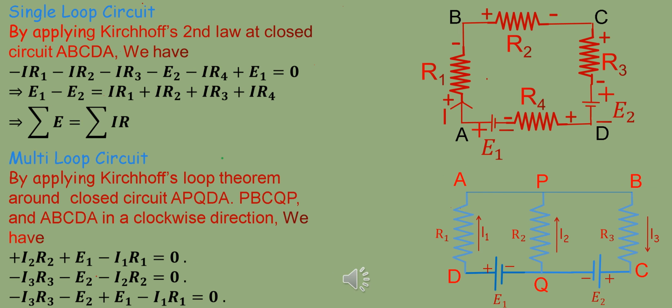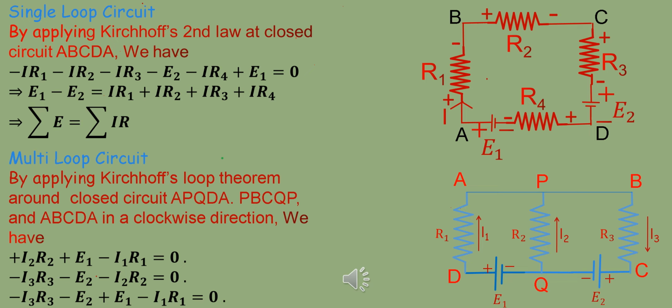Let us now first apply Kirchhoff's second law in a single loop circuit, the closed circuit A, B, C, D, A. When we go from a higher potential point to a lower potential point along AB, potential will fall, and the potential fall will be minus IR1.